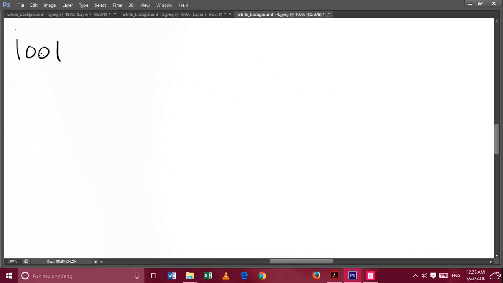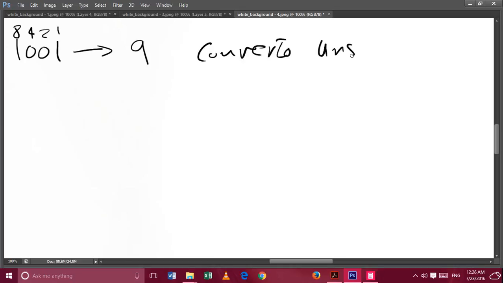So to convert from excess notation to base 10, we need to do 2 steps. First, we convert it to unsigned binary notation, and then we subtract the excess. So one, convert this to unsigned binary. 2, 4, 8. That would be 9. So first step, convert to unsigned binary.